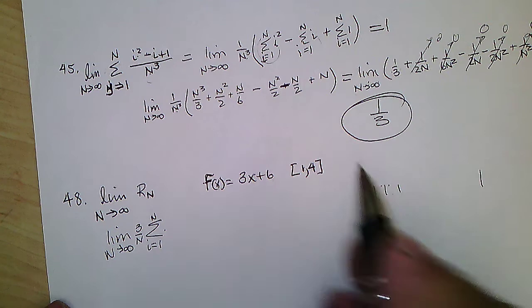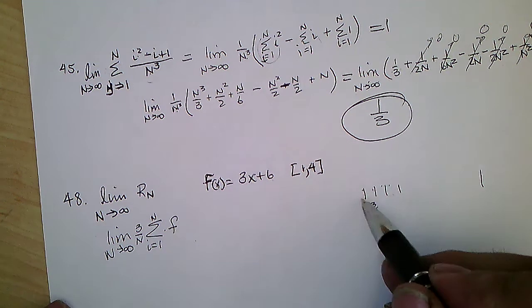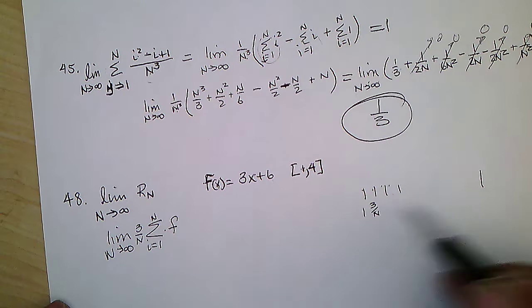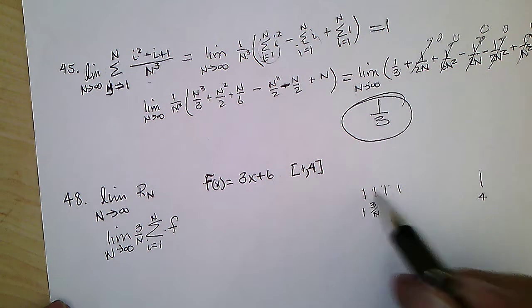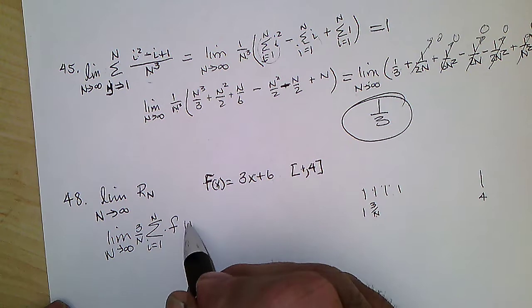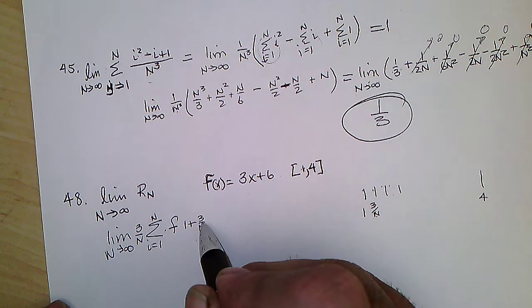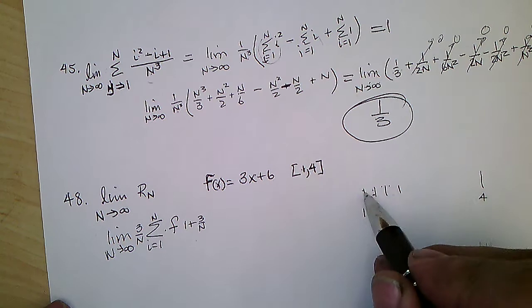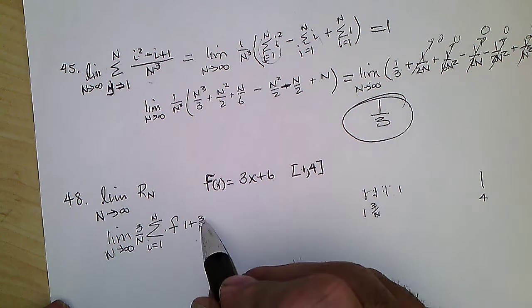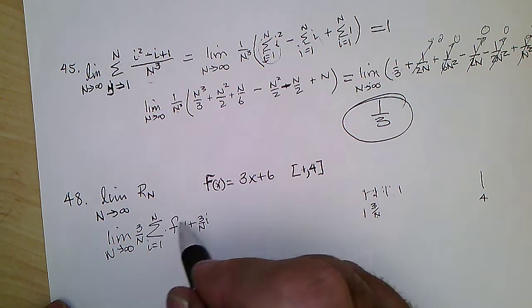Then I have to go, f of the first one is 1, the last one is 4. I have to go 1 plus 3 over n to be on the right side. 1 plus 3 over n for the first one. And then for the second one, I want to go 2 3 over n's. So I'm going to do i 3 over n's.